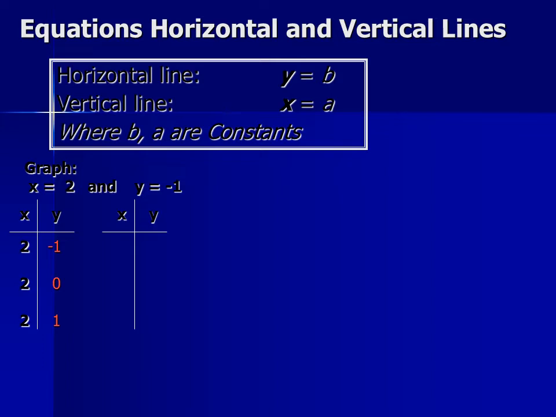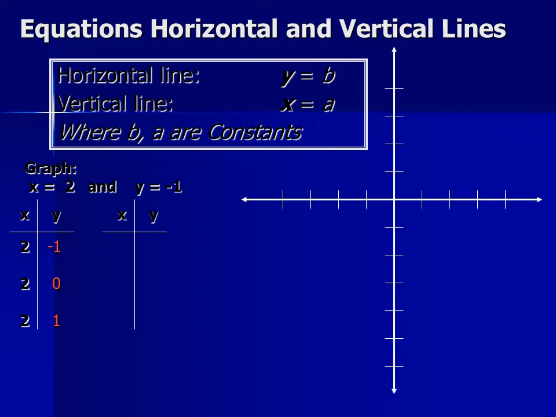How to graph this on the coordinate plane? First, draw the coordinate plane, then plot the point on the coordinate. First point we have 2, -1. Second one is 2, 0. The third one is 2, 1.